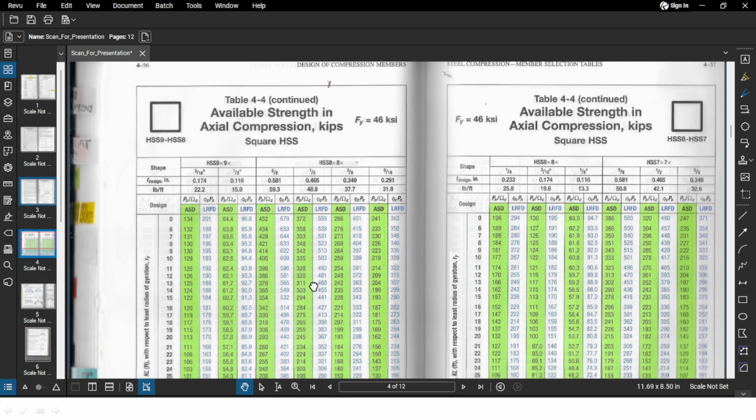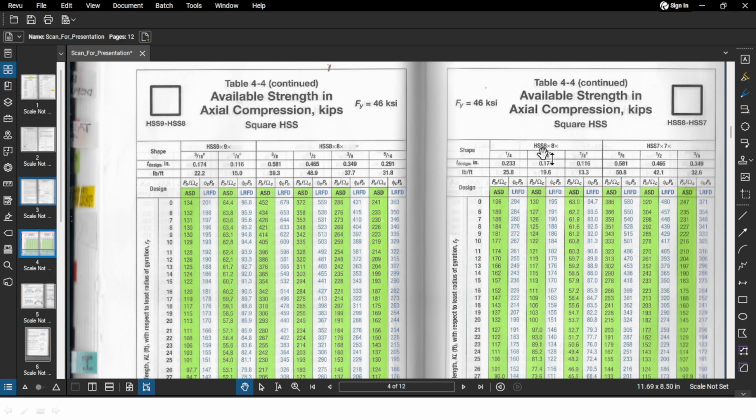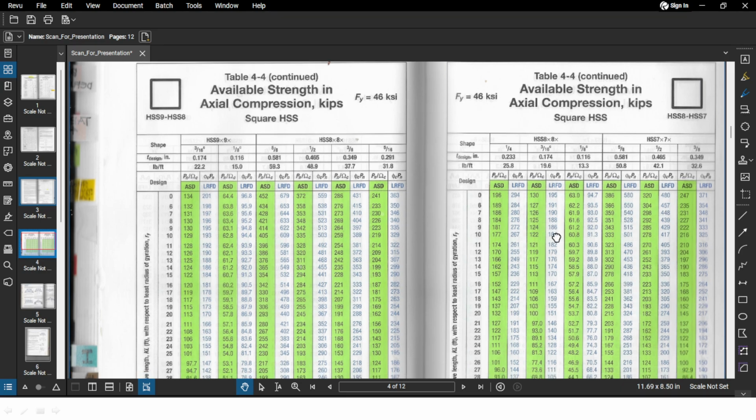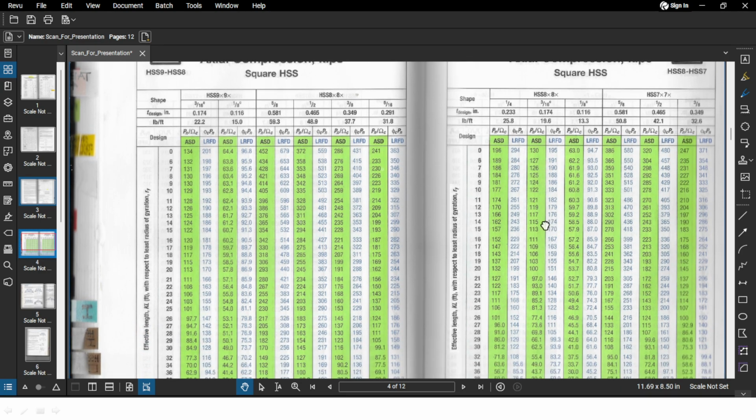Here we are using the HSS 8x8, and the wall thickness is 1/4. Then you can check the effective length KL value, which is 18 feet in our case.